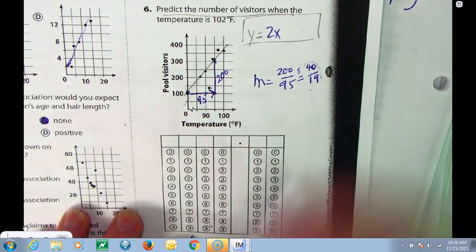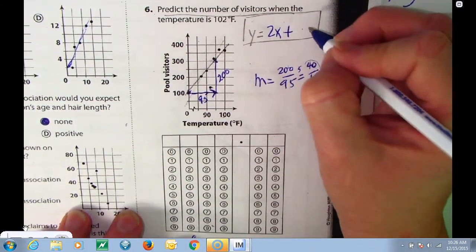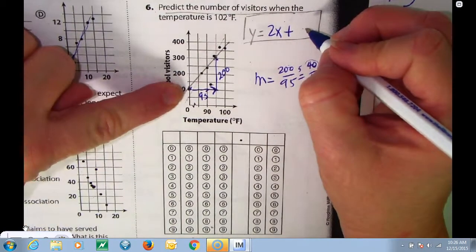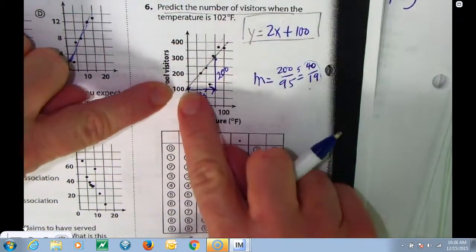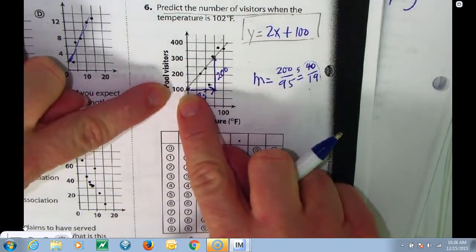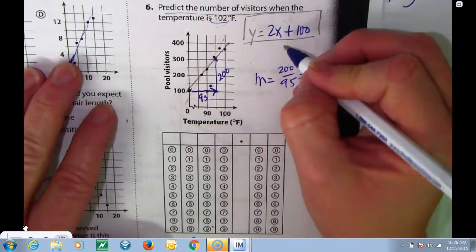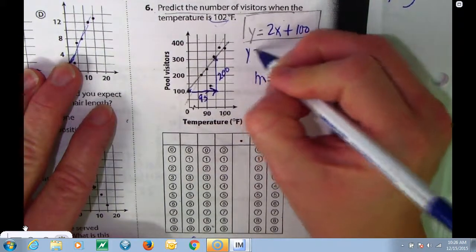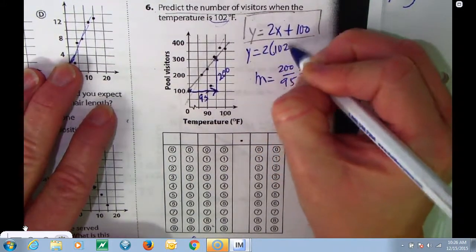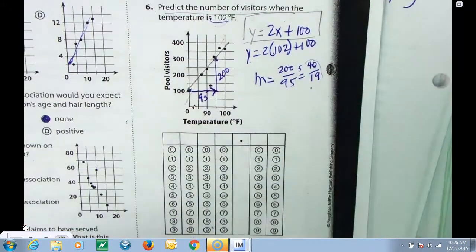So 2x plus 100. Remember? 100. And so now predict for 102 degrees. Where are we going to put 102? In for x. Are you going to always put it in for x? No, you know what we have?